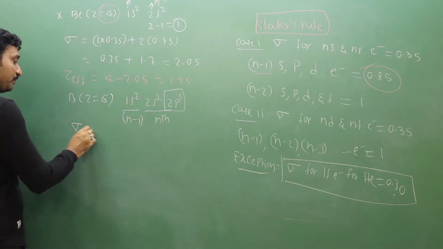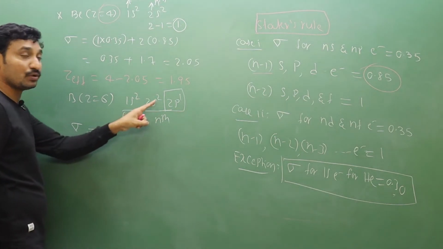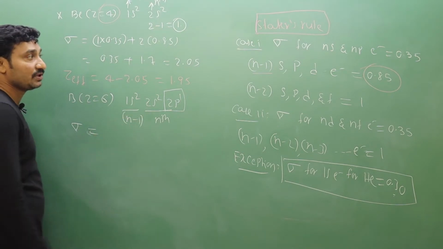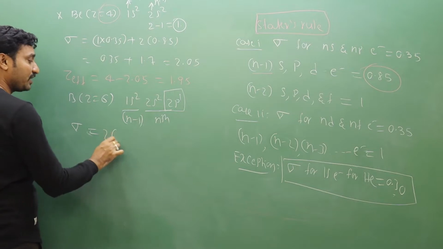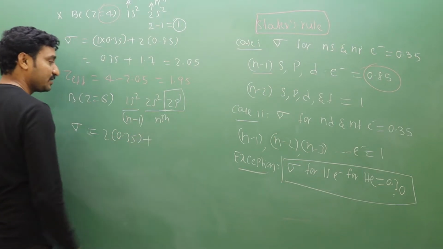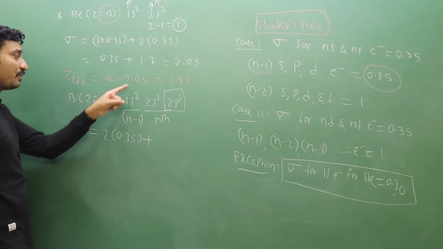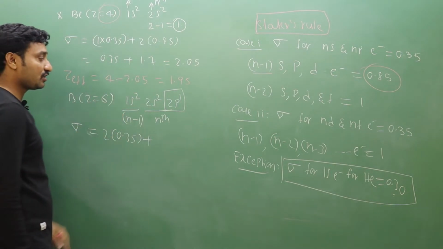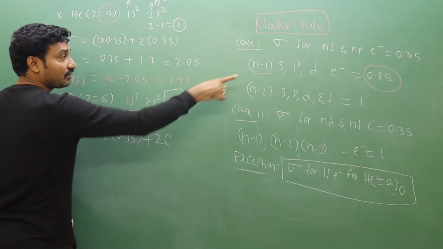How many ns electrons are present? 2 in the nth shell, each 0.35, so 2 into 0.35, plus in n minus 1 the value is 0.85. How many electrons are present in n minus 1? 2 electrons, so 2 into 0.85.